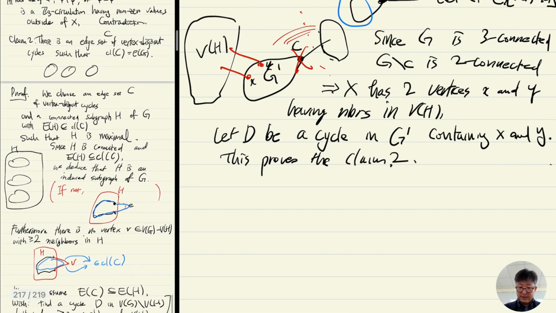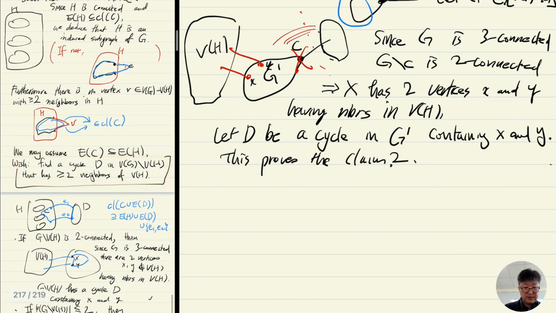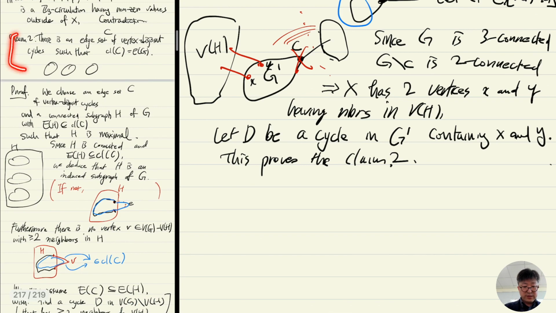Right, this means we find this cycle D, so that means we prove this wish. Right? This is proven. So that means we are getting a contradiction to the assumption that H is chosen to be maximal, right? So therefore, this proves the claim too.